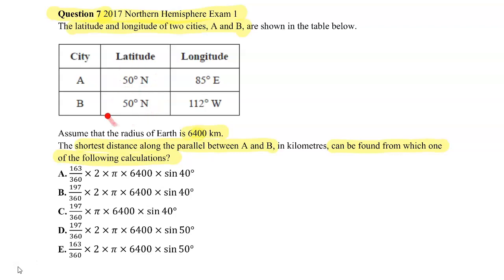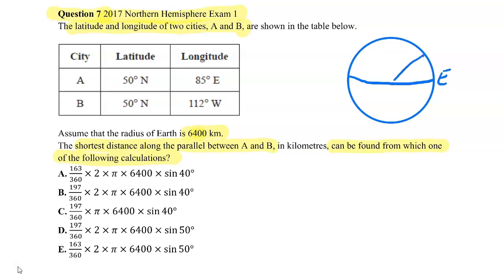Okay, so they are on that same circle of latitude. So we're thinking again of our circle of latitude. We have our equator here, and A and B are on that degree of latitude, which is at 50 degrees north.